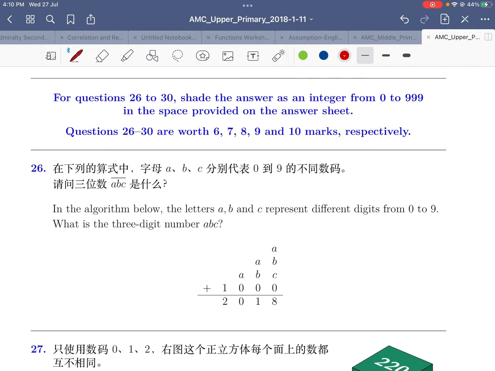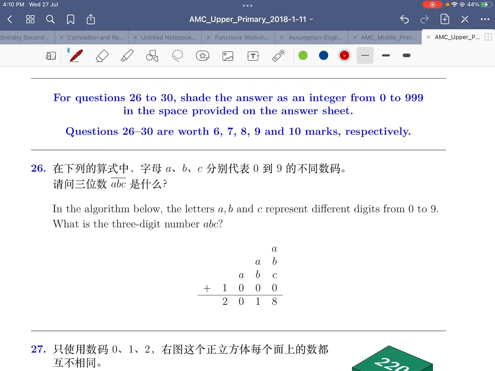Now, in the algorithm below, the letters A, B, and C represent different digits from 0 to 9. What is the 3-digit number ABC? Every time students answer questions, it's always very important to highlight the important keywords in the question.